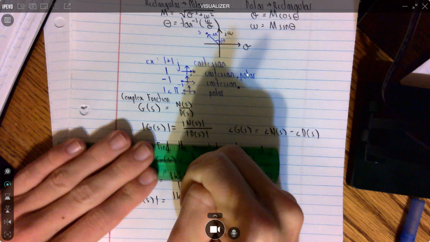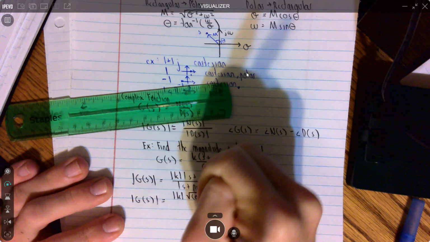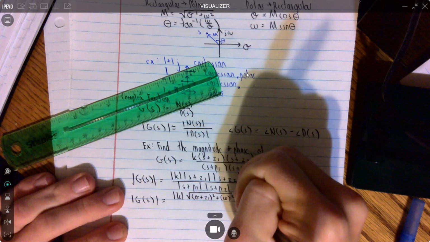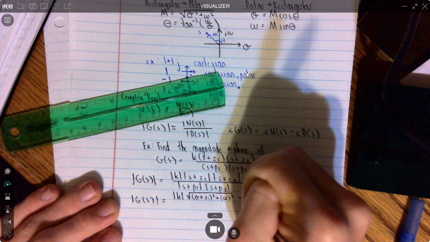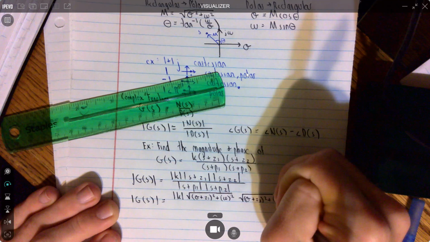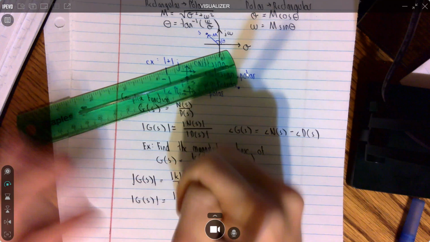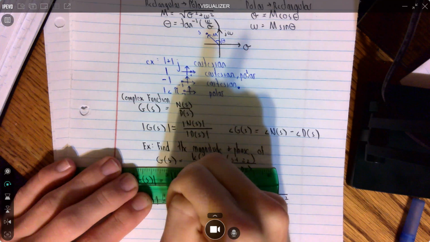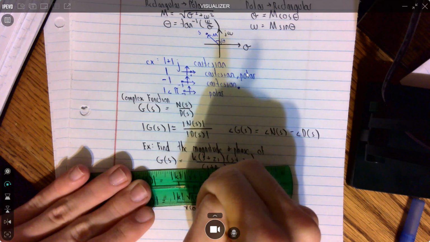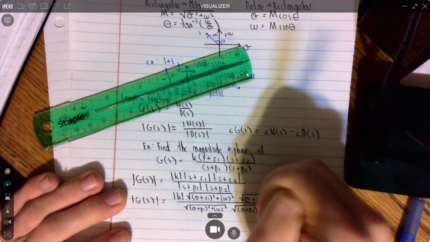So this would be the square root of sigma plus z1 squared plus omega squared, and then the square root of sigma plus z2 squared plus omega squared. And in my denominator, I'm going to have the square root of sigma plus p1 squared plus the imaginary part squared, and then sigma plus p2 squared plus the imaginary part squared.